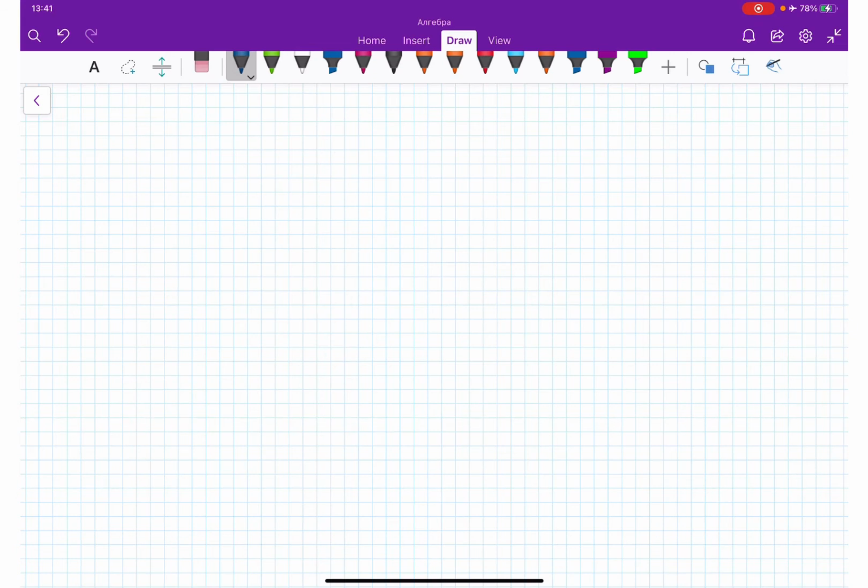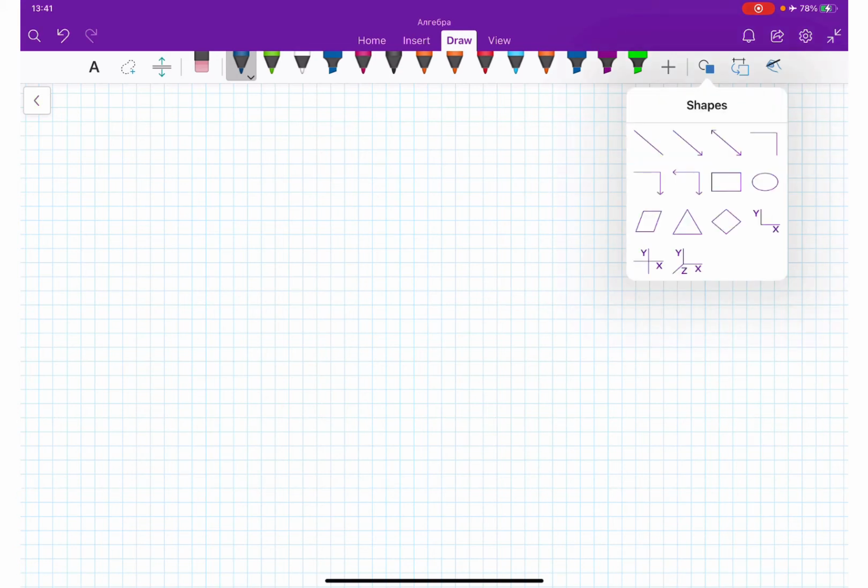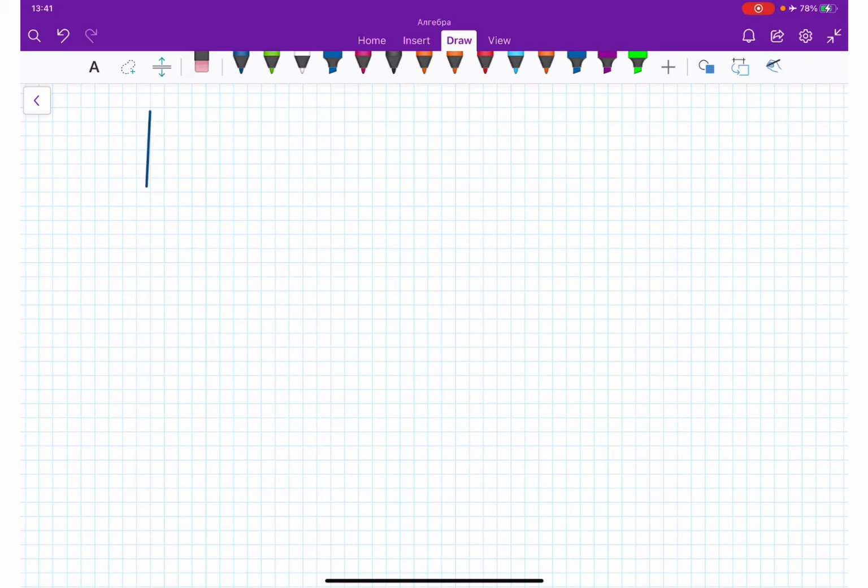So let's take an example. Let's say we have this, and I'm going to draw here some graph of a function. So what do we have?